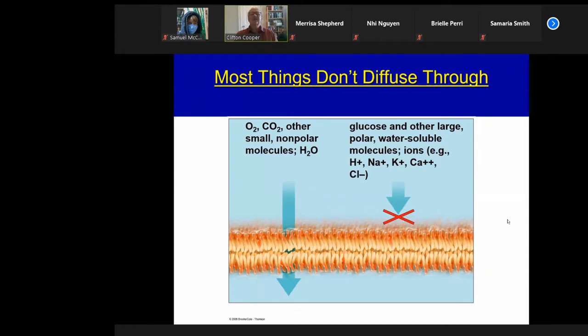So when you have the phospholipids there, the bilayer, they have this rather thick nonpolar region with these fatty acid tails. Now, very small things like oxygen and CO2, those are small and nonpolar, which means they're easily able to zip through this. Because these phospholipids are in a fluid state, constantly shuffling and moving around, little gaps open up, and these small nonpolar molecules can zip right on through.